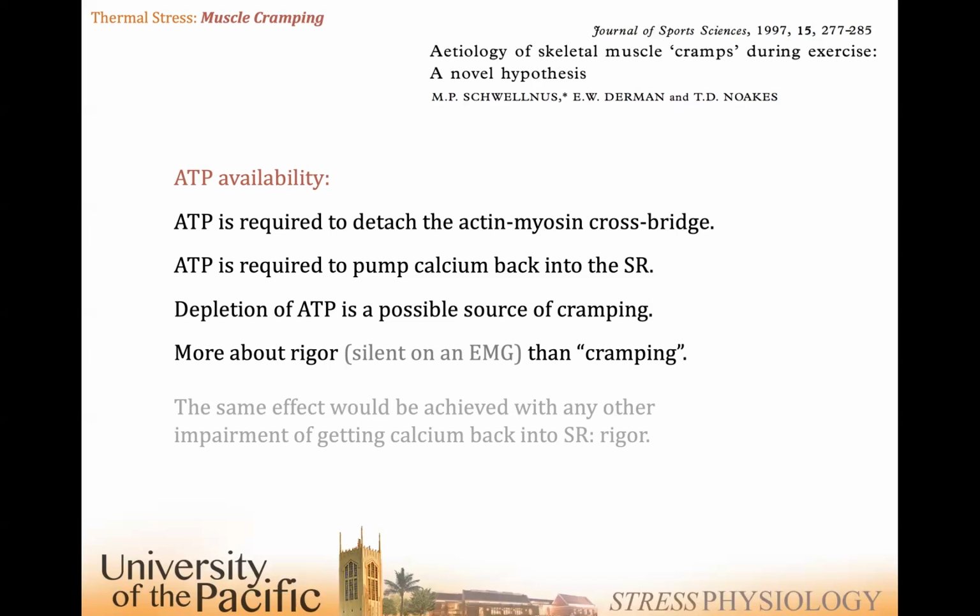If you accumulate a ton of phosphates, you don't do a very good job of releasing the phosphate, and you need to release that phosphate to transition into a strong bond. And if you have a ton of ADP, you don't do a very good job of releasing your ADP, and you need to do that to transition back to a weak bond so that you can attach a new ATP. You're not going to attach an ATP when an ADP is still attached. So those two things can mess up the time course of cross-bridge cycling.